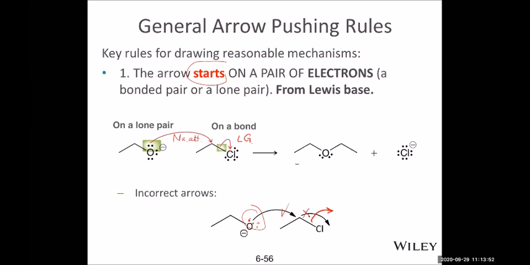The arrow should not start from an atom; you start from a lone pair. So the main problem is that you should start from a lone pair. And one more problem with this one, it's actually my problem, sorry: the arrow should land on the chlorine atom. Start from a lone pair.